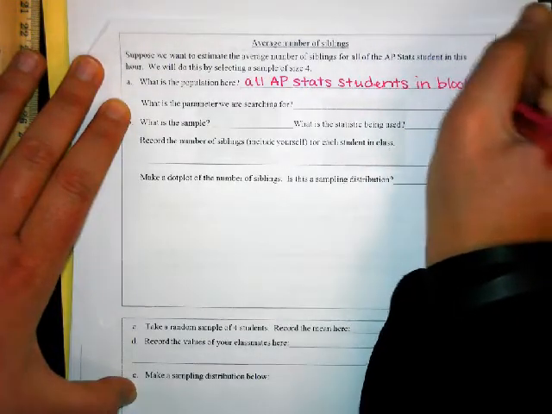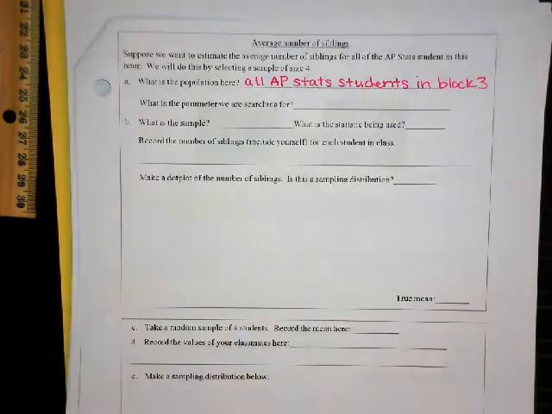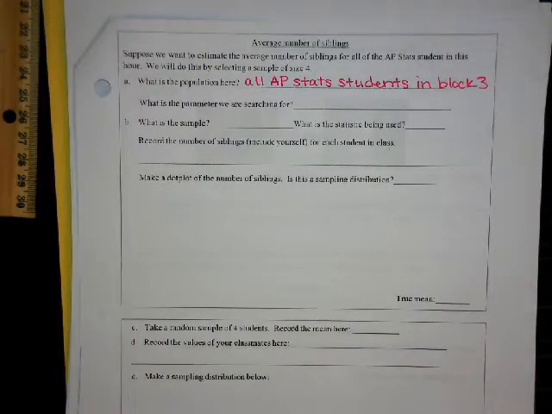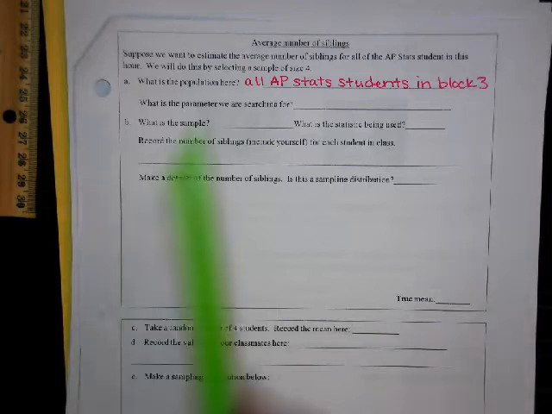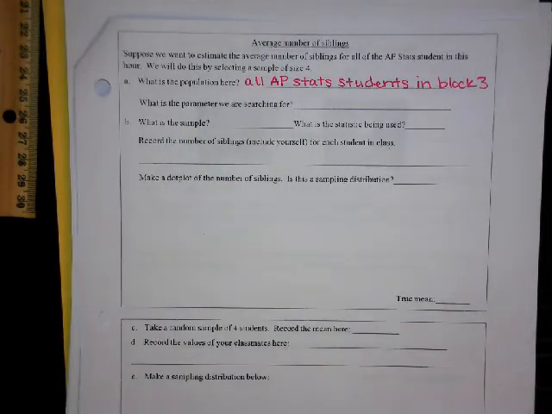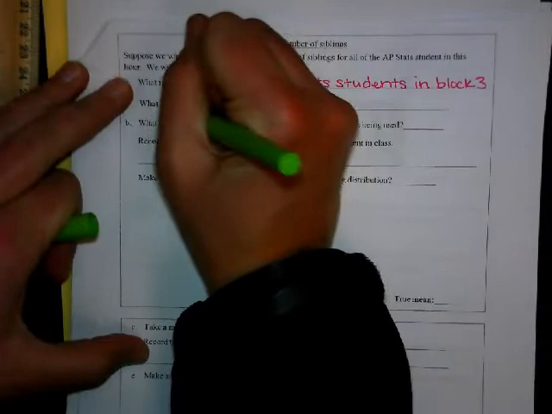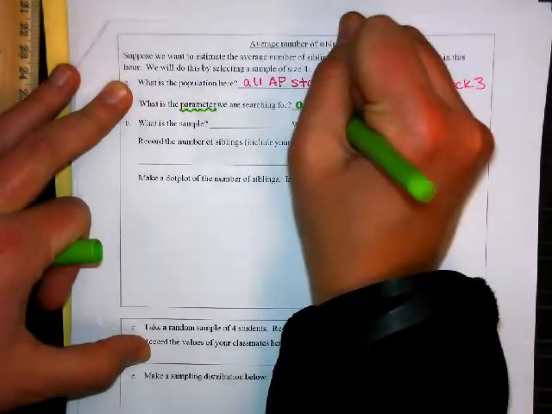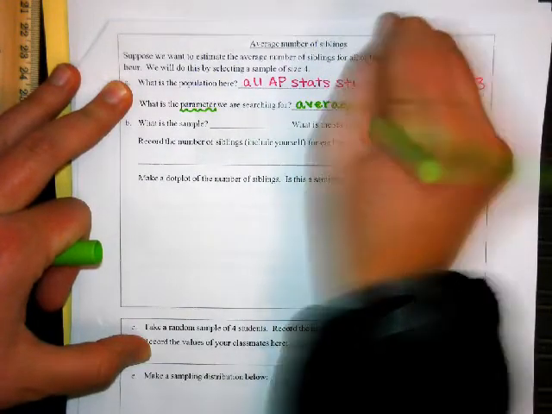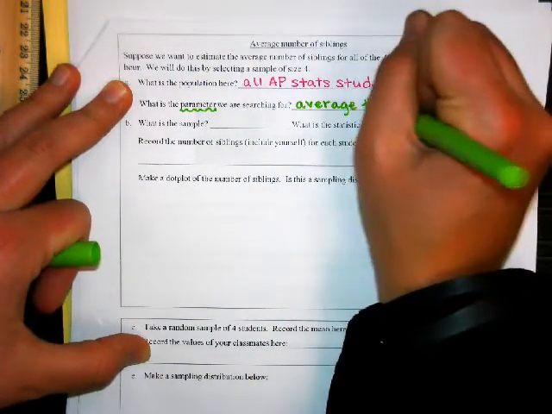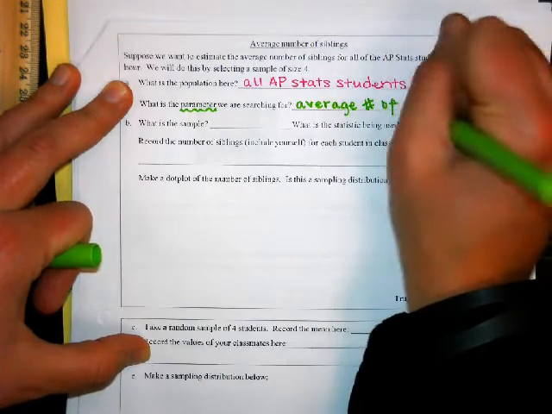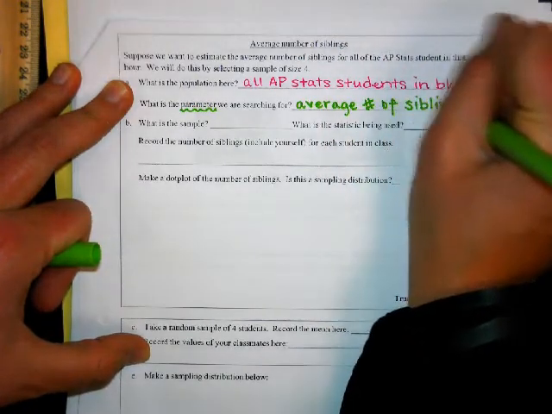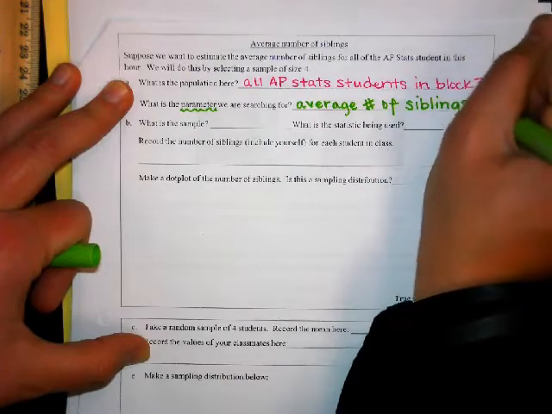What's the parameter we want to figure out? Not just number of siblings, but the average number of siblings. And for a parameter that is an average, what notation do we use? Mu. What's our sample going to be?